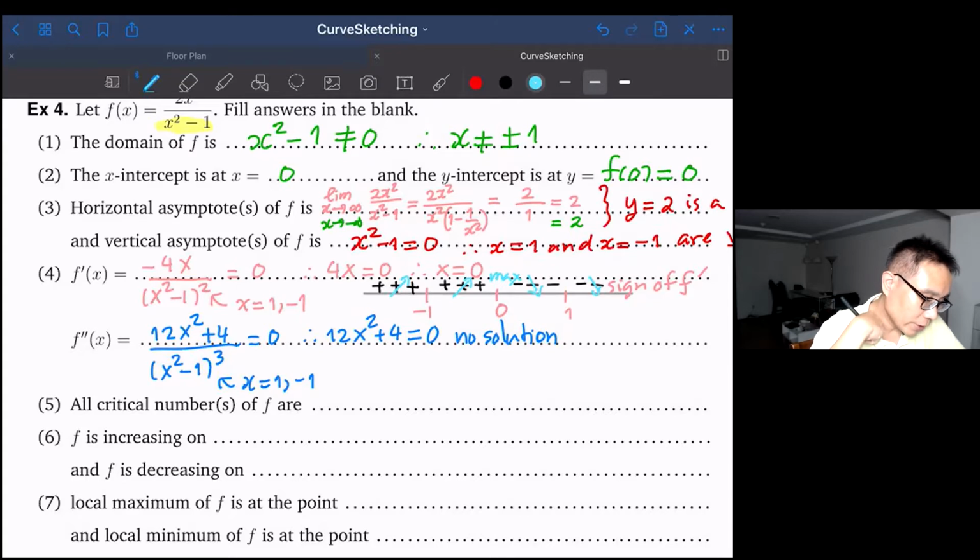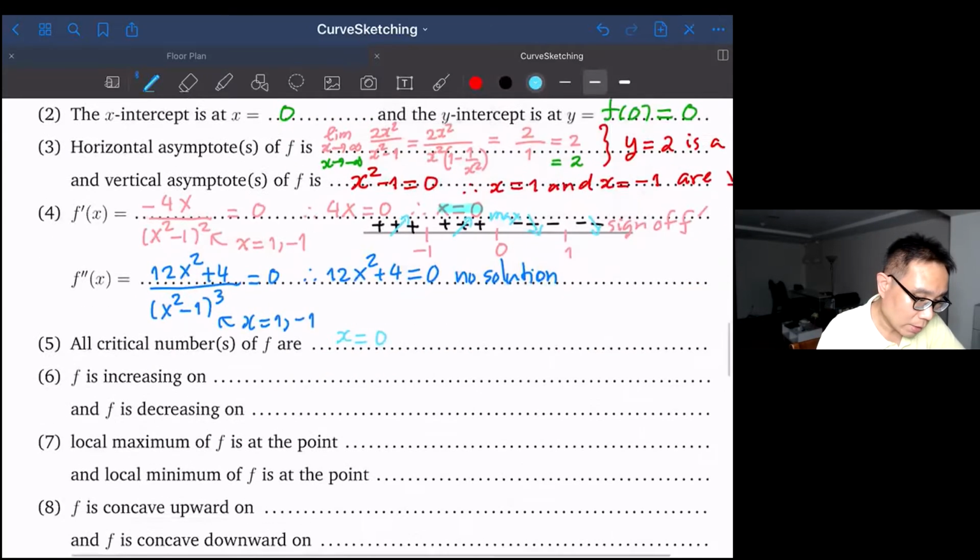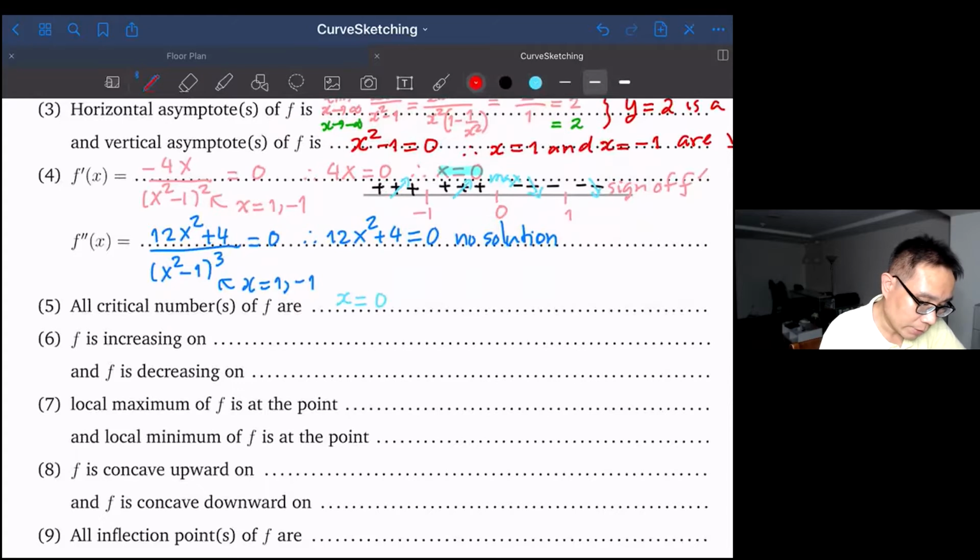The critical number turns out to be just x equal to 0. And let me emphasize this one: x equal to 1 and x equal to negative 1 are not in the domain.